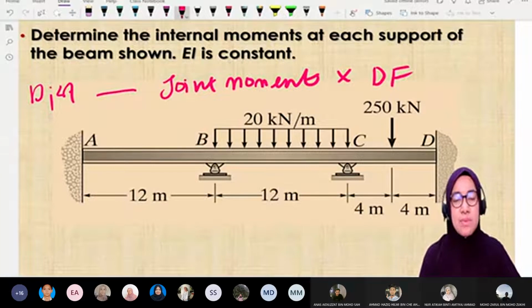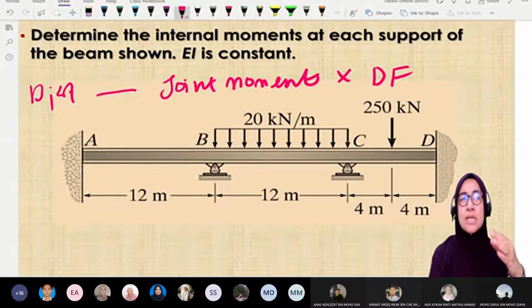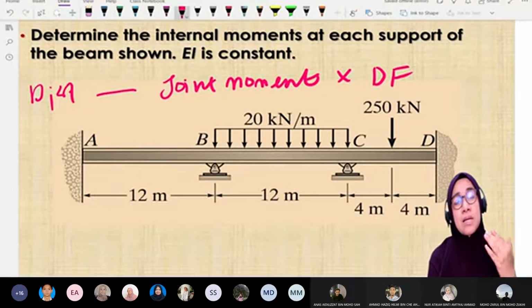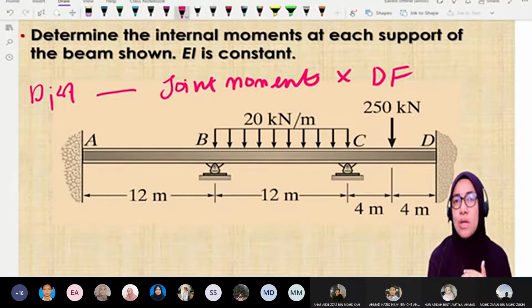Yang ni proses dalam table yang kita akan ulang dan ulang, sampailah the last distribution kita dapat 0.0 something. Baru kita stop distribution. Dia proses yang berulang-ulang.